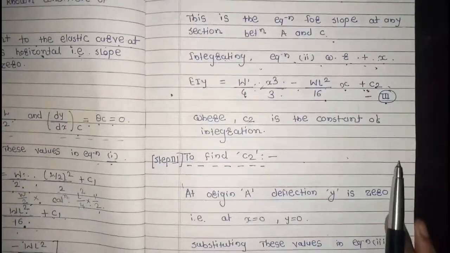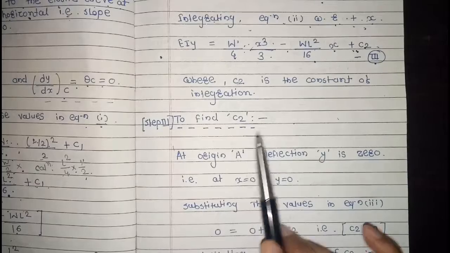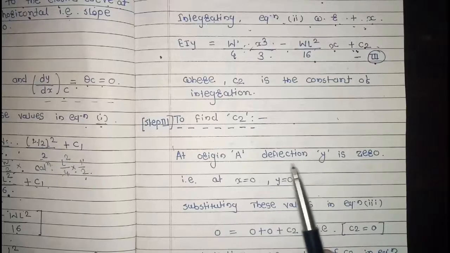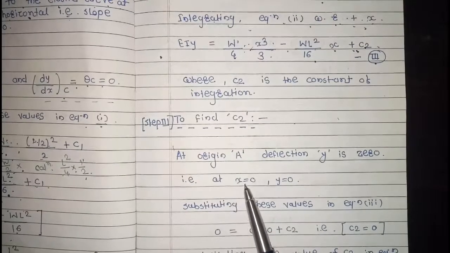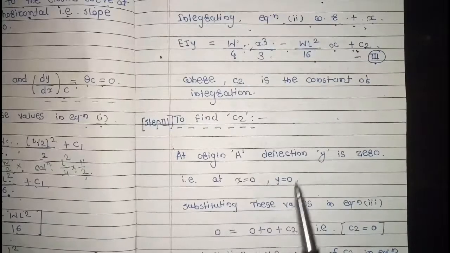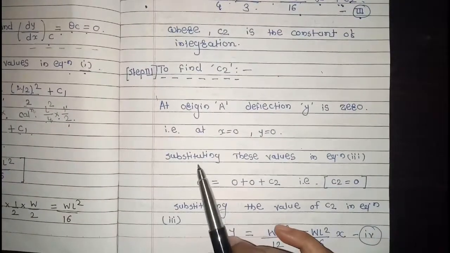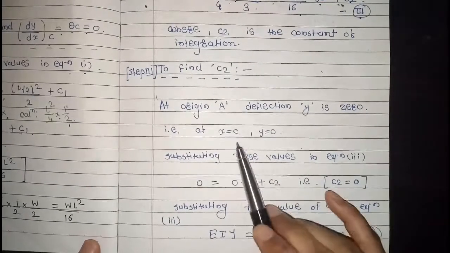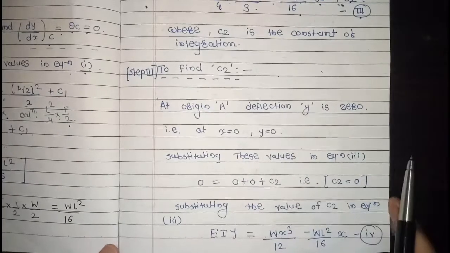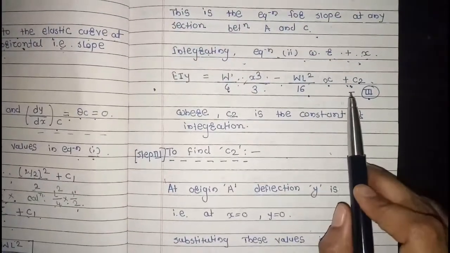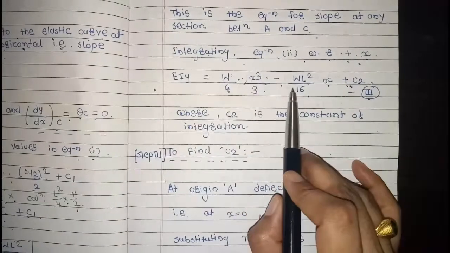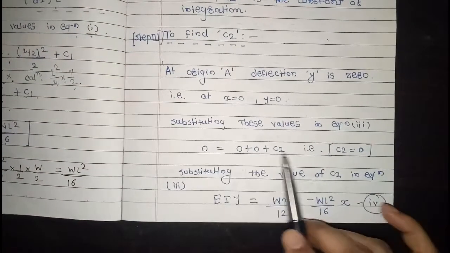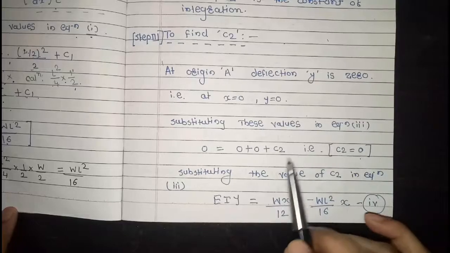So step 3, to find c2. At origin A, deflection y is 0, that is at x is equal to 0 and y is equal to 0. Substituting these values in equation 3, we get 0, 0, 0 plus c2, that is c2 is equal to 0.